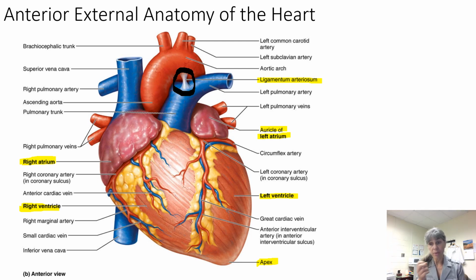Because remember, babies aren't breathing when they're inside the womb because they're in amniotic fluid. So the baby would receive oxygen and nutrients through the umbilicus, and to bypass the lungs, there used to be this little passageway or duct, the ductus arteriosus. We'll see this again.